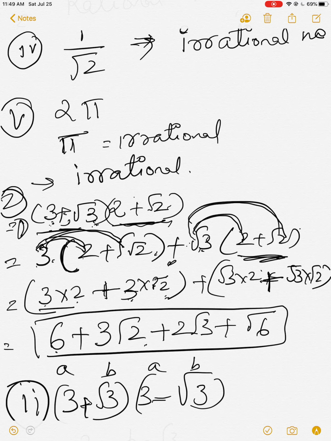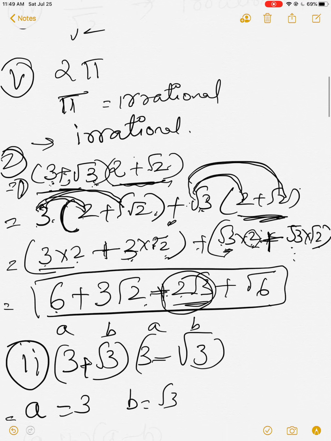Don't write 3 root 6. Then plus into plus is plus. 2 into root 3, again rational and irrational. This is rational and this is irrational. So you will be getting 2 root 3. Now root 3 into root 2. Both are irrational, then you can multiply. Root 3 into root 2 is root 6.